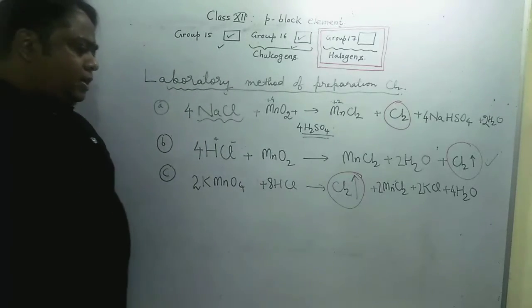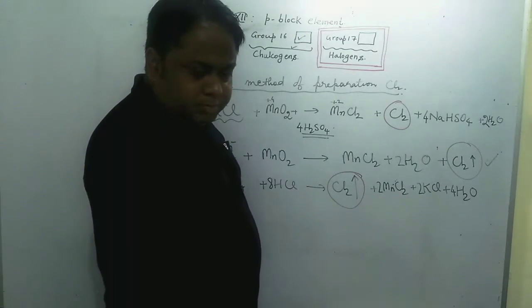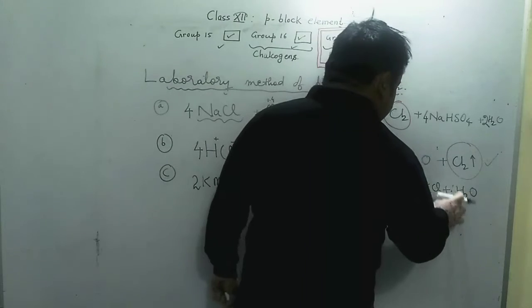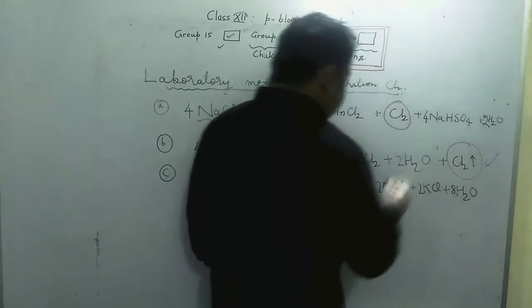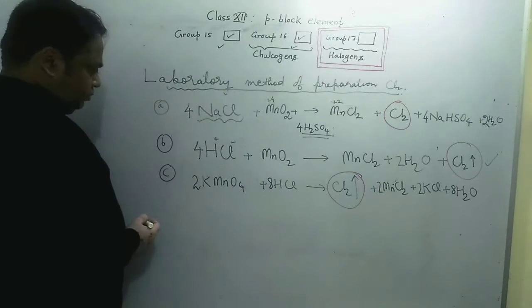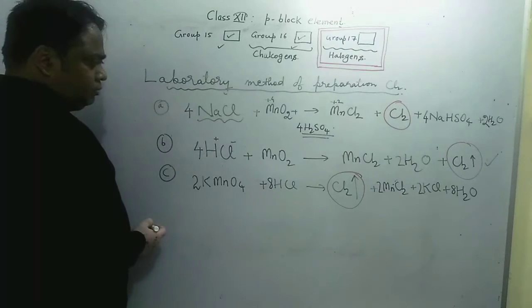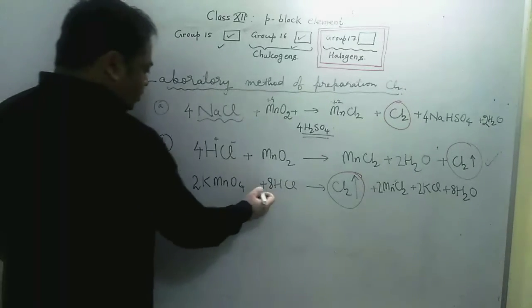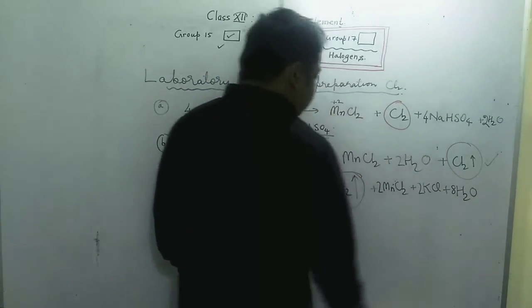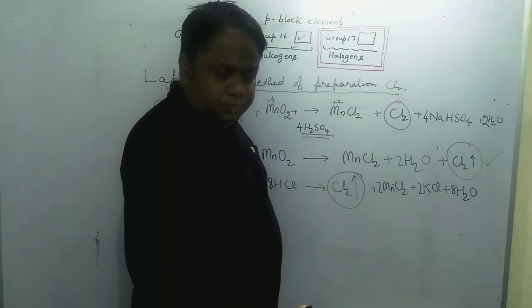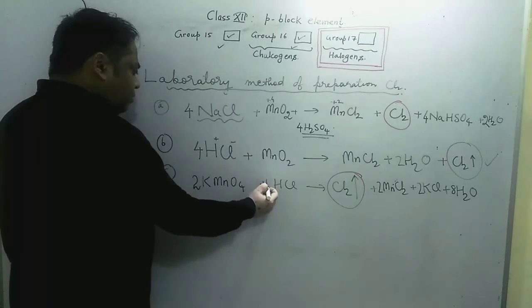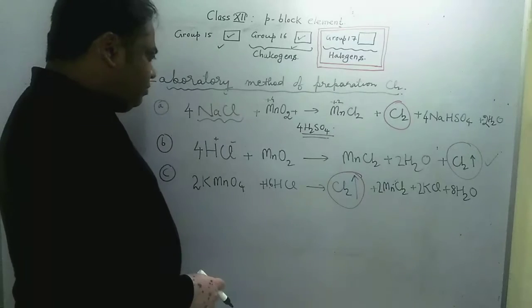But here 8 oxygens are there. So how will we balance? We'll give 8 here. So eight oxygens are balanced. This becomes 16 hydrogen now. So we'll give 16 HCl. Now again let us see.